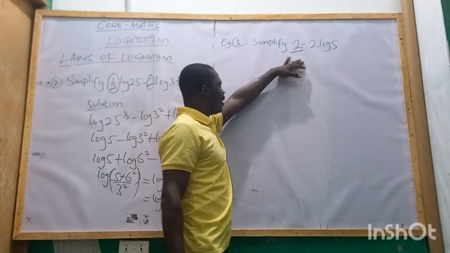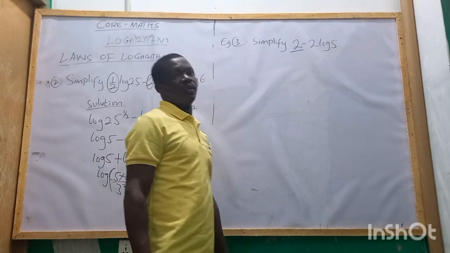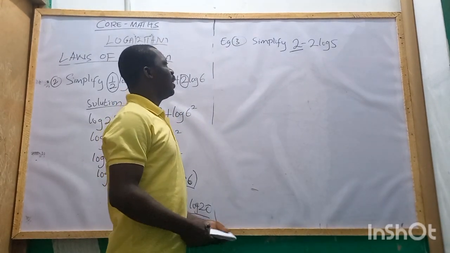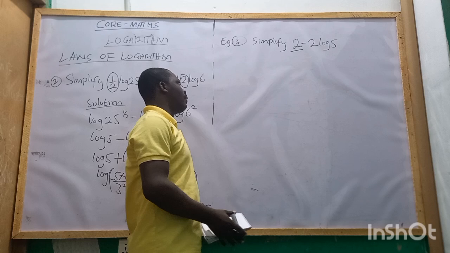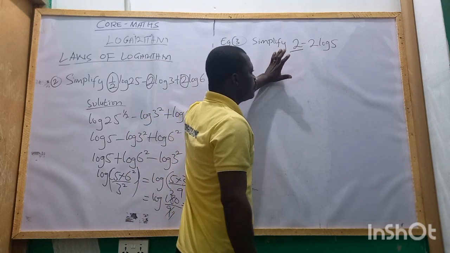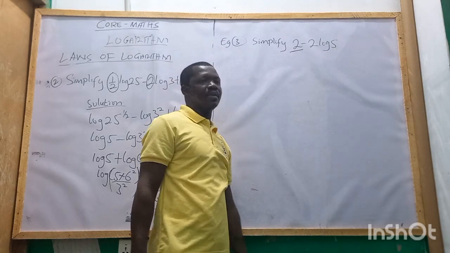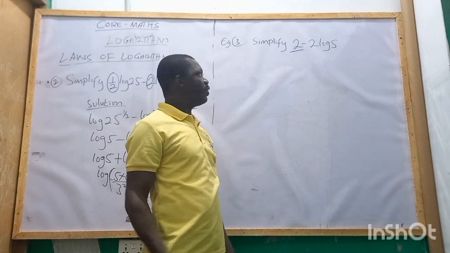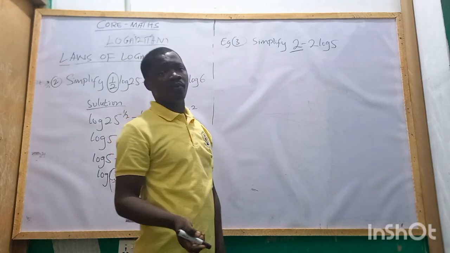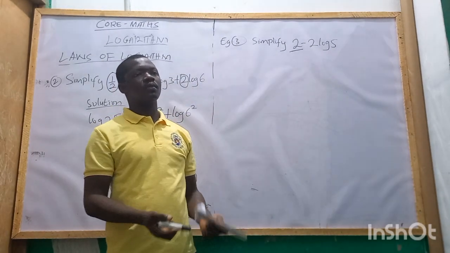So in this work, we are working in base 10. And how will I get 2 if I'm working in base 10? Or the log of what in base 10 will give me 2.